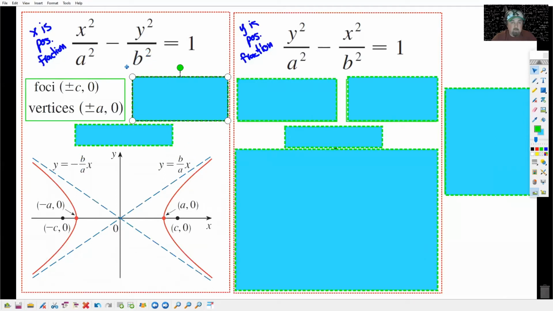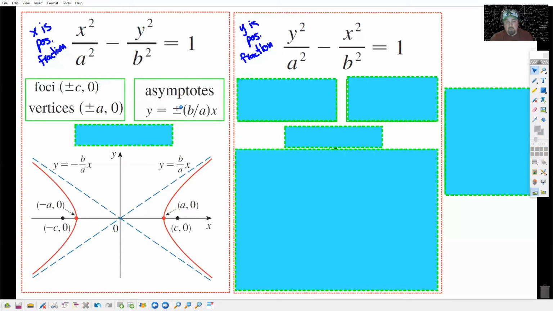Because the value of b is associated with the fraction that has y with it, and the value of a is associated with the fraction that has x with it. Slope is always y over x. So the asymptotes have a slope of b over a because b is paired up with the y, and a is paired up with the x, okay?